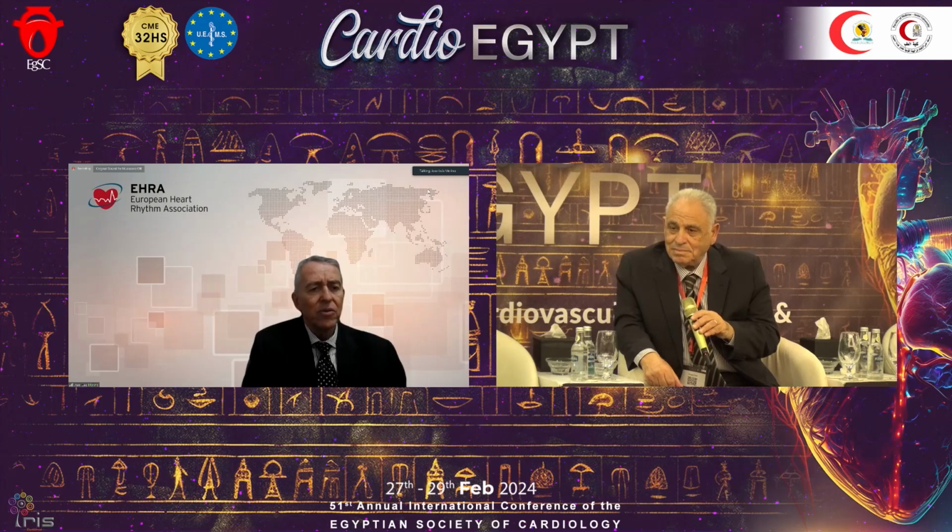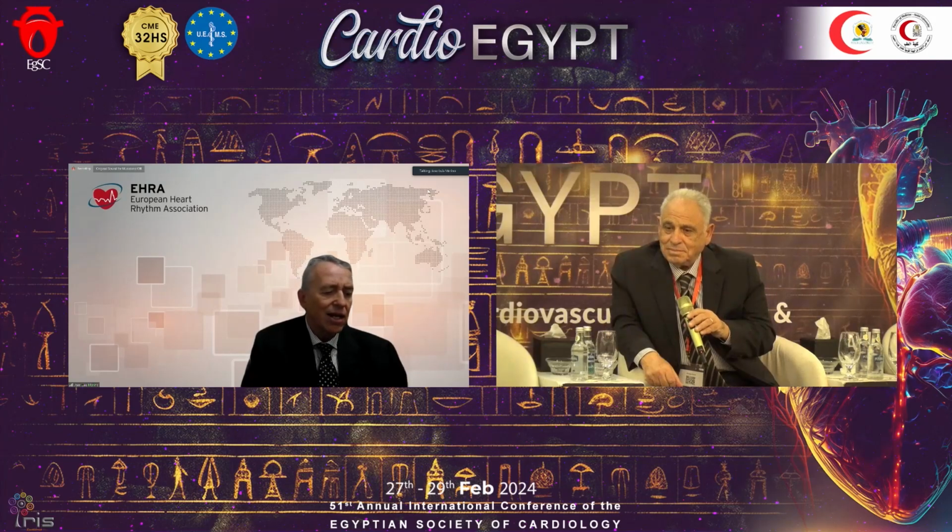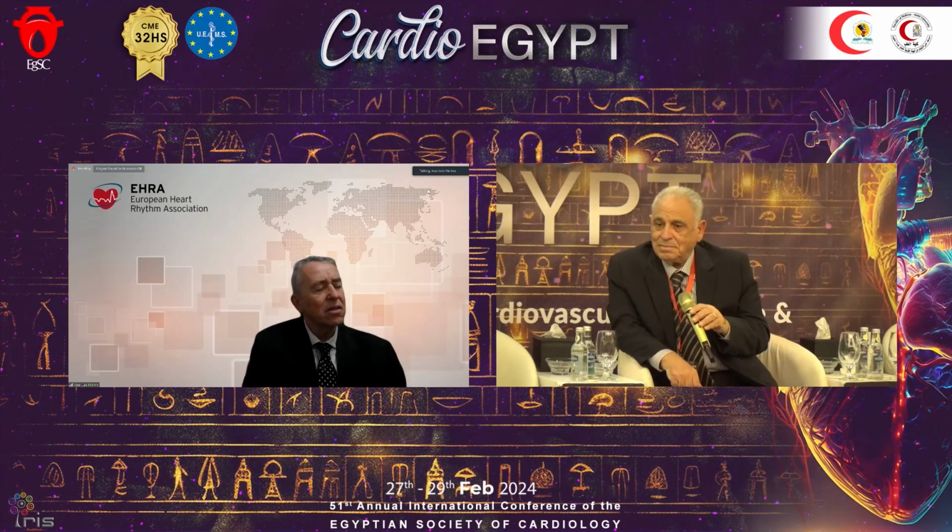For example, those with elevation in the lateral leads, you can find similar findings in the epicardium of the left ventricle. In general, you need to be careful to maximize safety in these patients, because they are young patients.